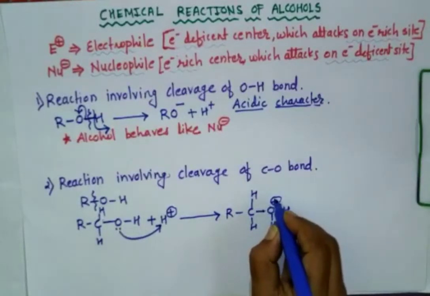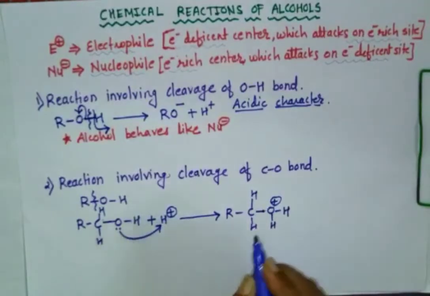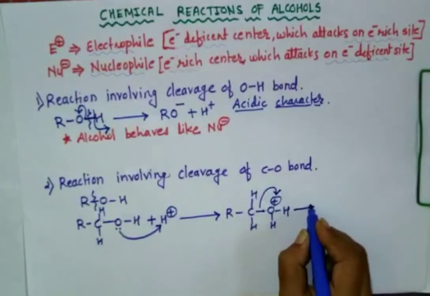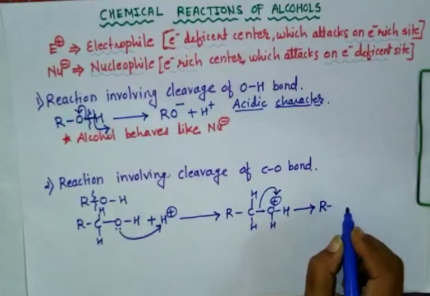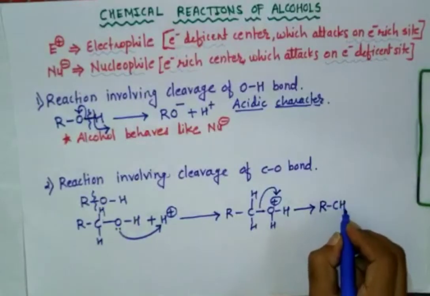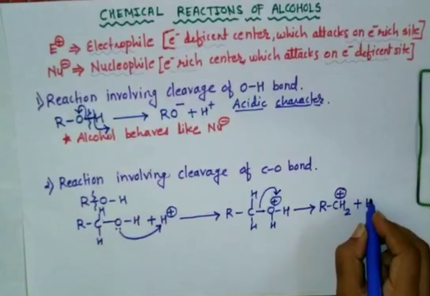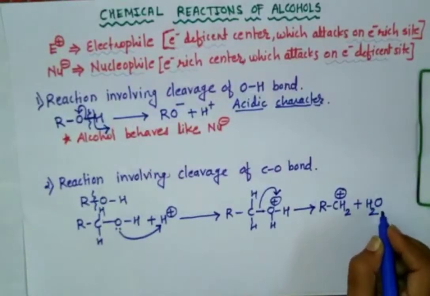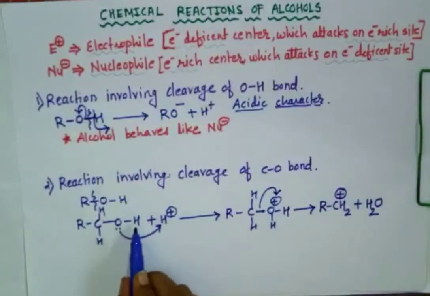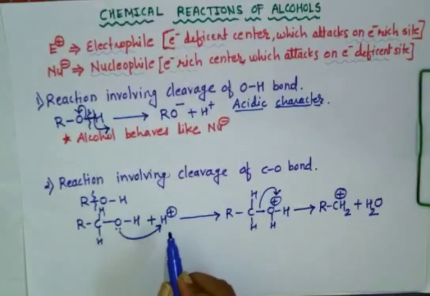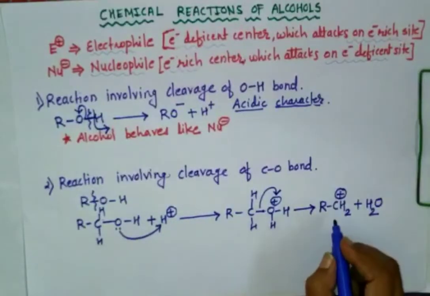To neutralize the positive charge formed by the donation of the lone pair to the proton, the CO bond breaks and it gives RCH2 positive, that is, carbocation formation, and one neutral molecule, water, is removed. This happens because of the mandatory protonation step. Here is the formation of a carbocation.